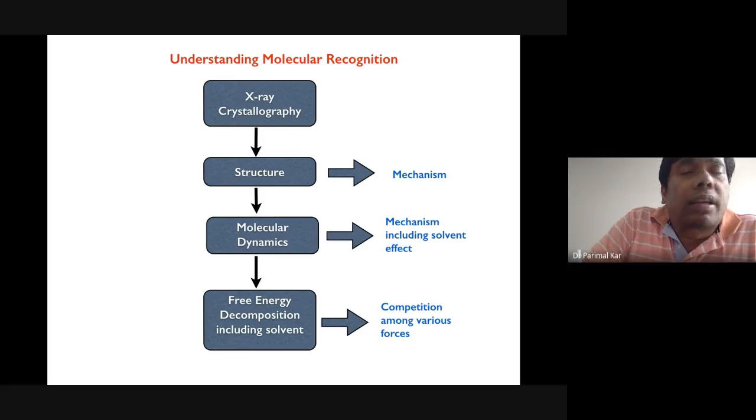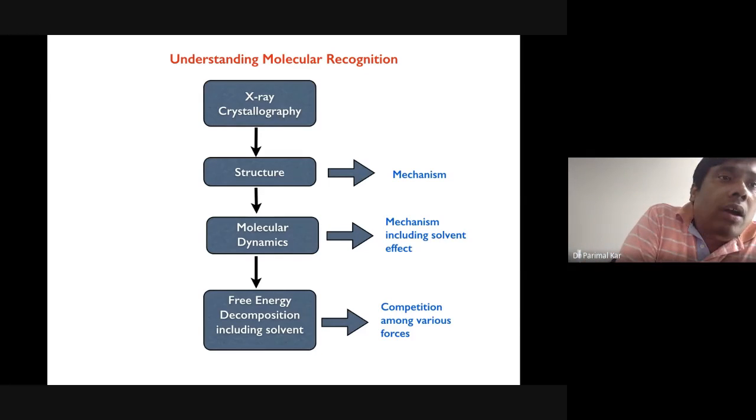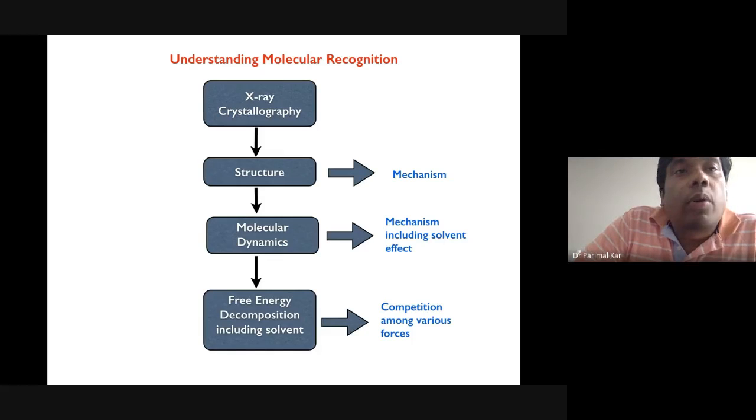But when you resolve the crystal structure of this protein-ligand complex, this is a soluble protein, but you are not considering the solvent. You are solving the crystal structure in a buffer solution, so you are really not mimicking the exact biological environment. So we want to conduct MD simulations to include the effect of solvent in the binding process.